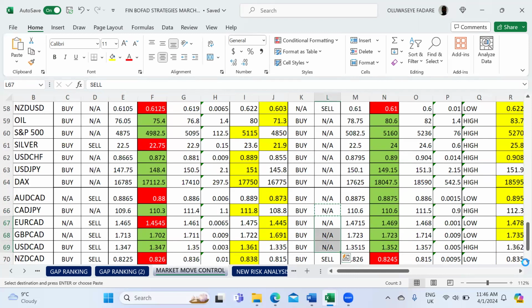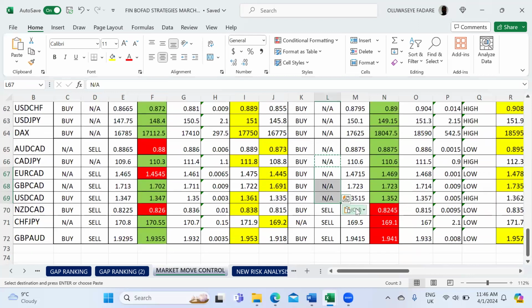So that's why it's red, as you can see. So the last move from 170.55 to 169.1, that's a sell. And then finally from 1.9355 to 1.941, that's a buy.